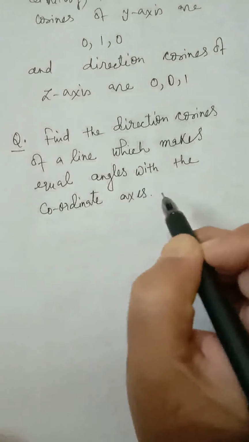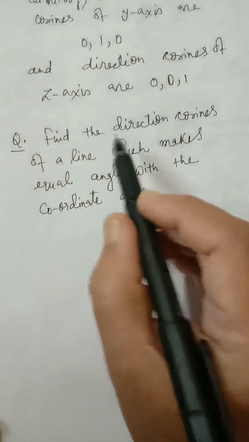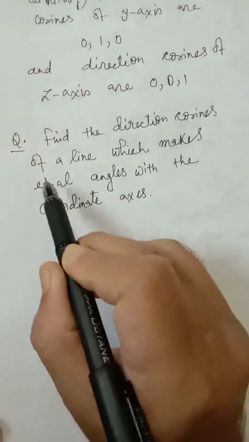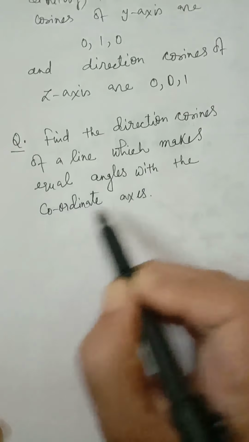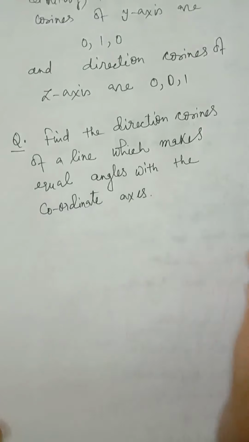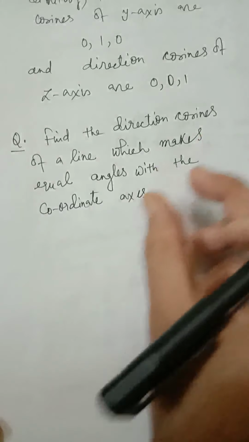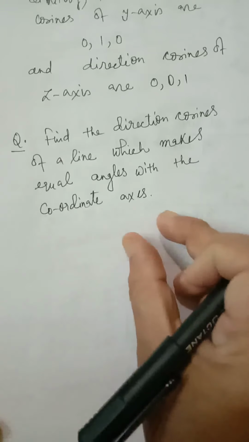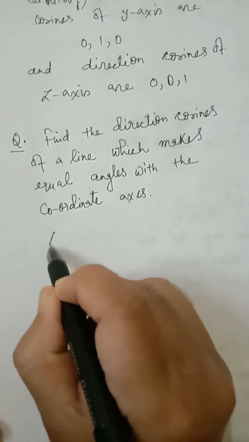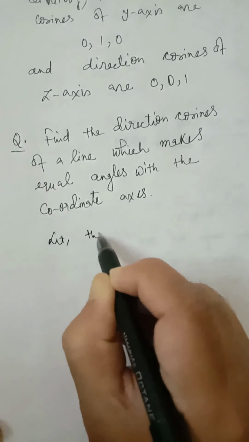Now this is a question given in NCERT book. Find the direction cosines of a line which makes equal angles with the coordinate axes. Suppose a straight line makes the same angle with all the three axes, x-axis, y-axis and z-axis.